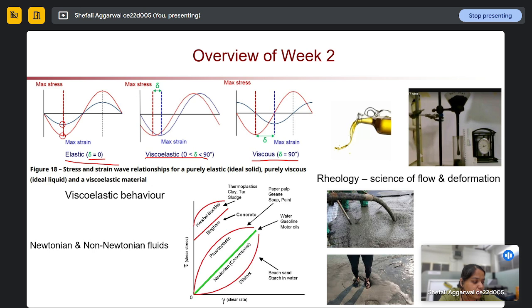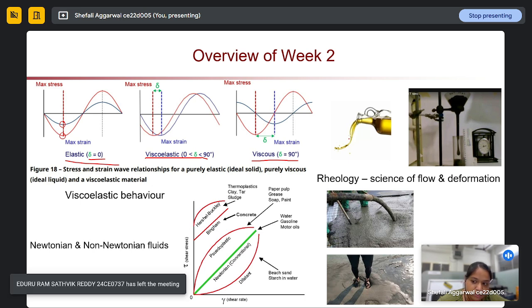The second thing is rheology. What exactly is rheology? When we study the science of flow and deformation in any material, that is called rheology. Here you can see that among various materials, water is very flowable, oil is less flowable than water, and then comes honey, which is less flowable than oil and water.